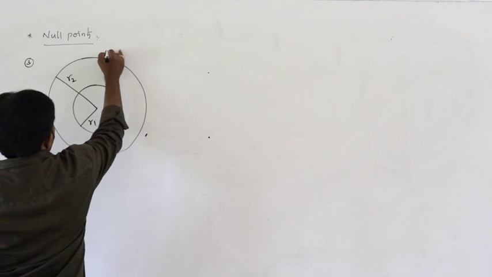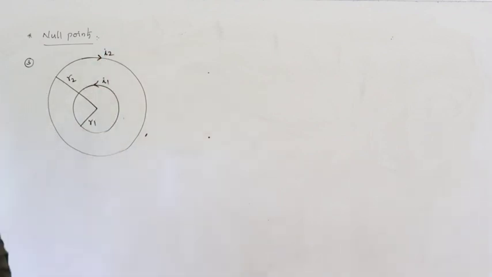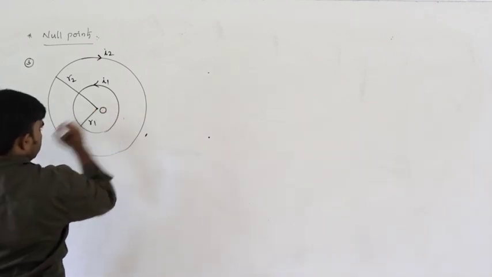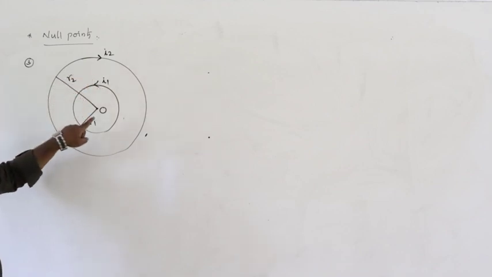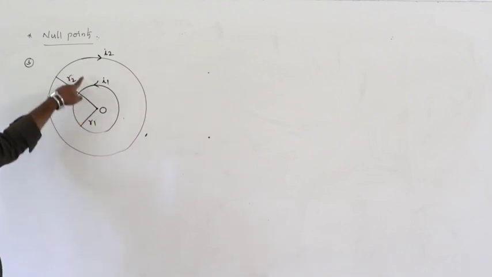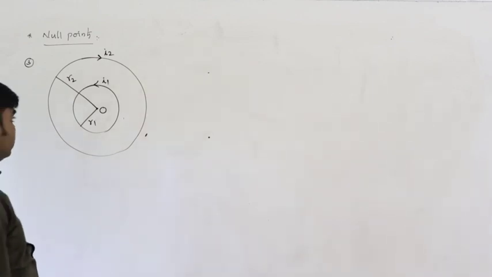Let us say the current is I2 here and the current is I1. Both the currents are in opposite direction. Let us say it is the center O. These are the two circular current carrying conductors, inner circle of radius R1 and outer circle of radius R2.